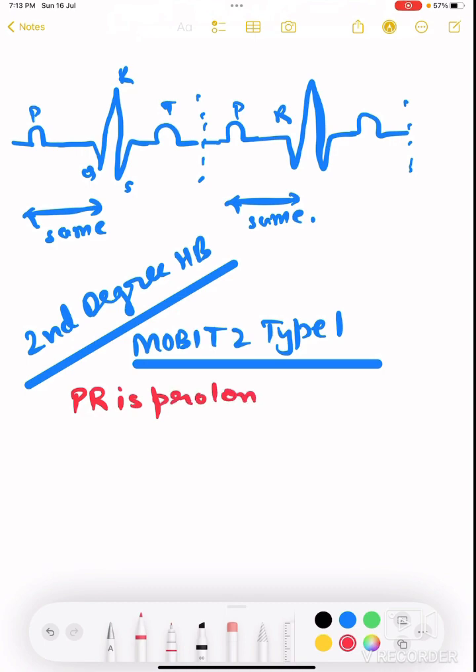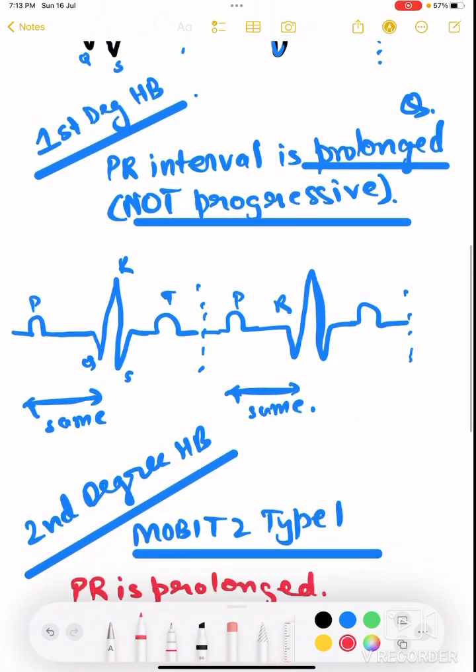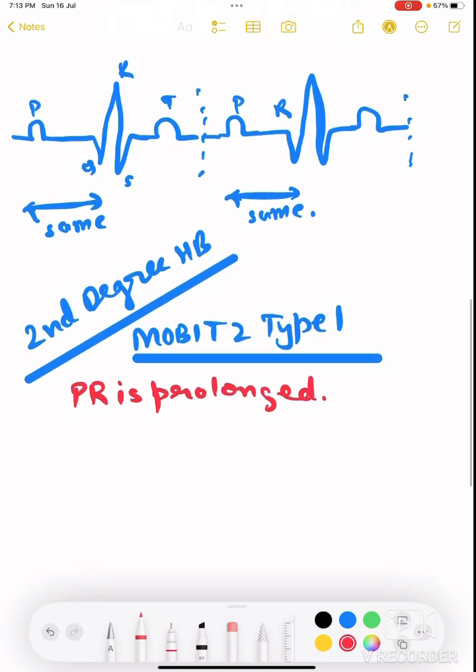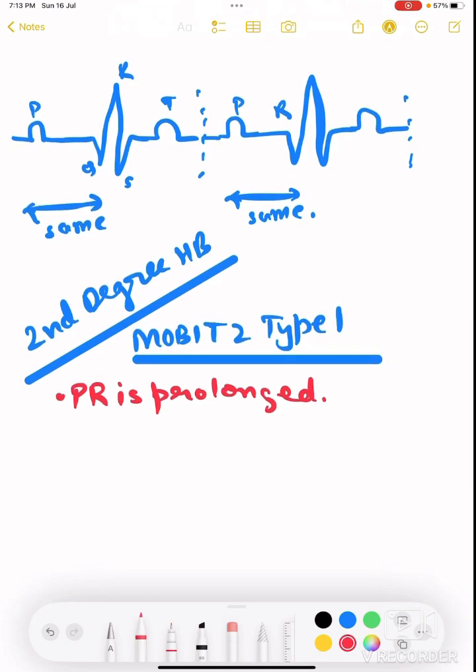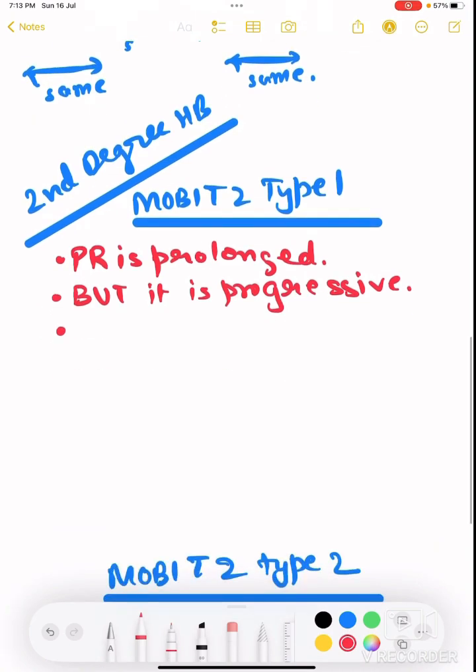Again PR is prolonged, just as we saw in first degree heart block. In second degree Mobitz type 1, there is again a prolonged PR interval, but it is progressive, which means that the PR interval keeps on increasing with the next heartbeat, right? Also, another very important thing, there is a missed QRS after some time.